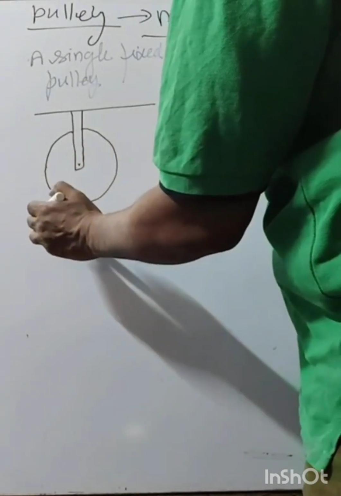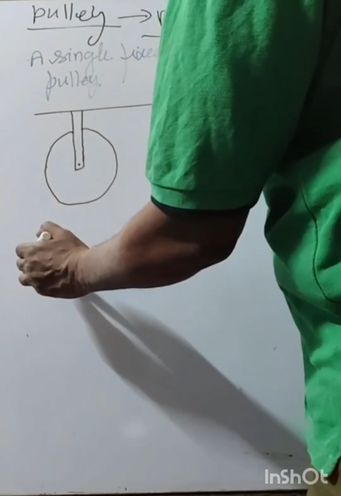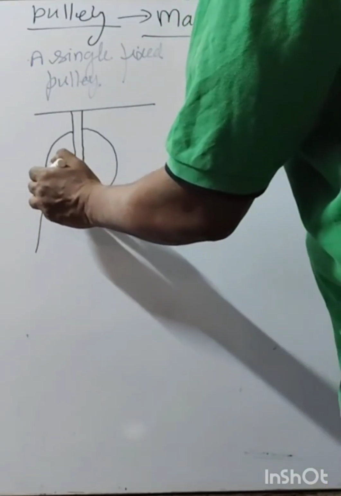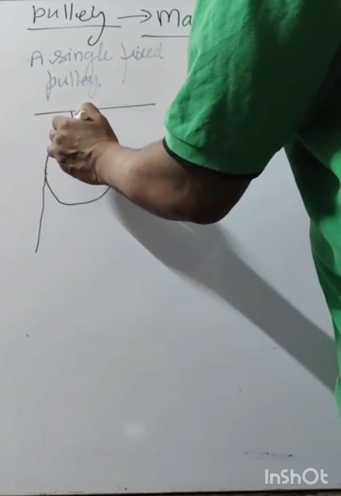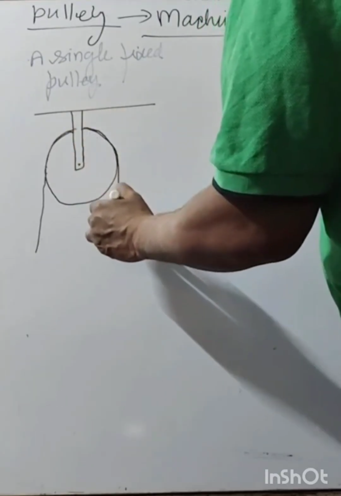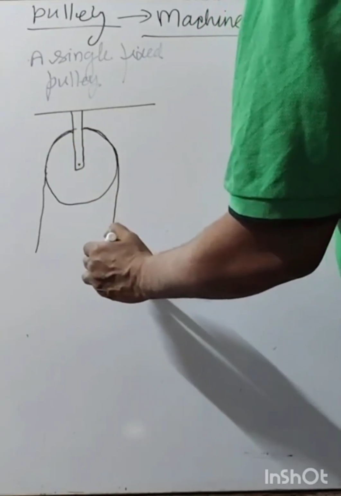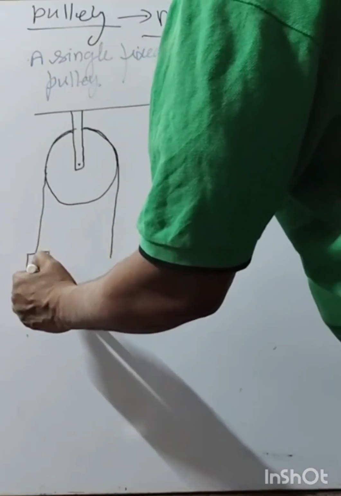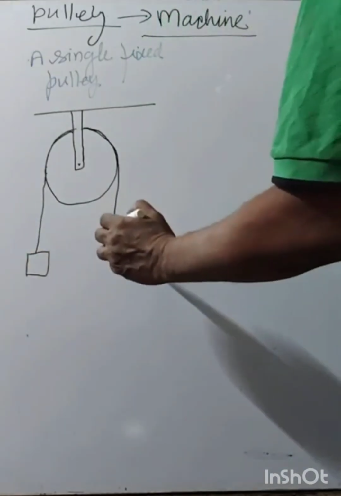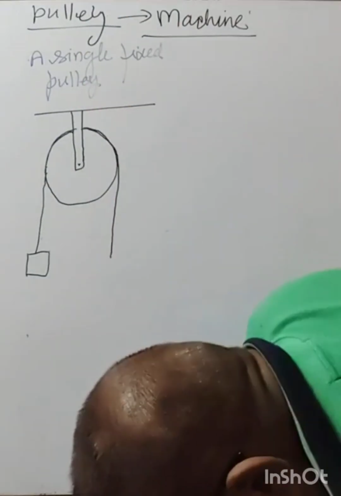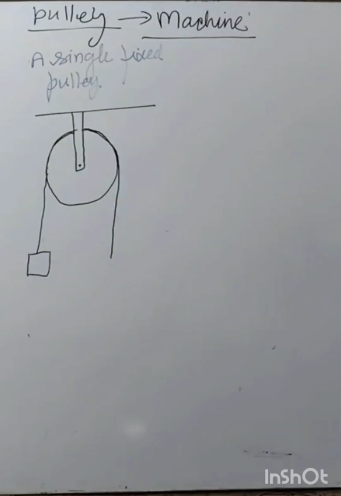Now, we have a thread like this. Here it is load, and this is a single movable pulley, right?